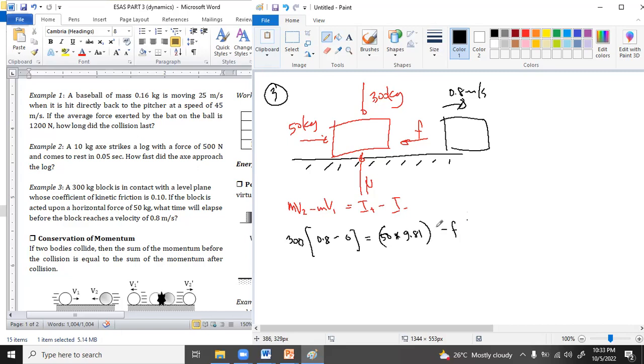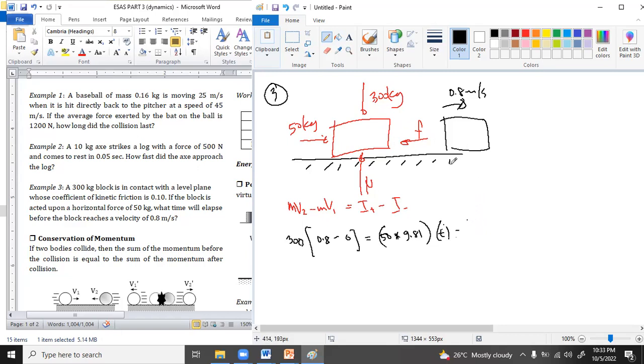So for the positive impulse there's lacking the time. Minus negative impulse would be the friction force.